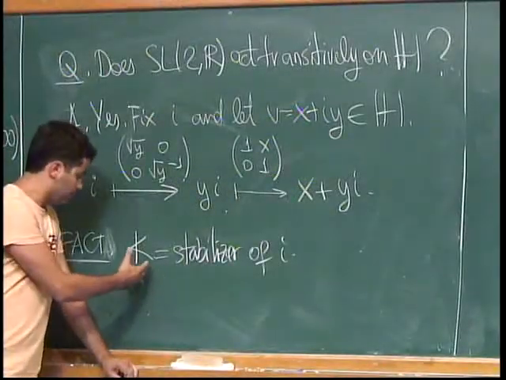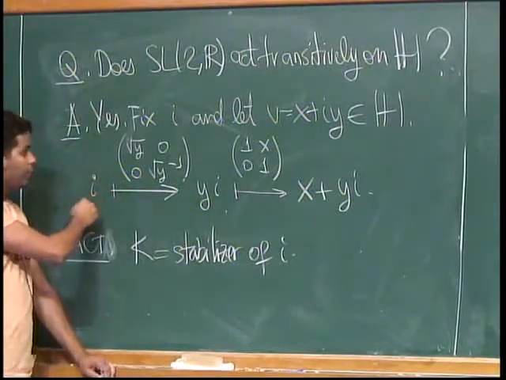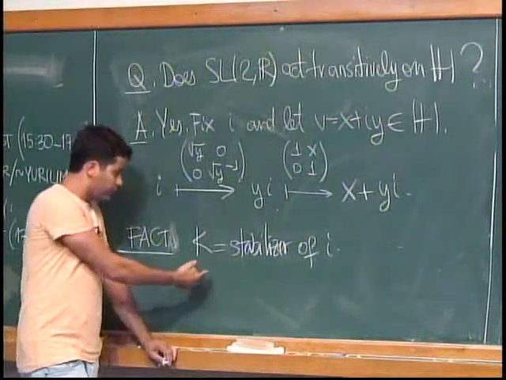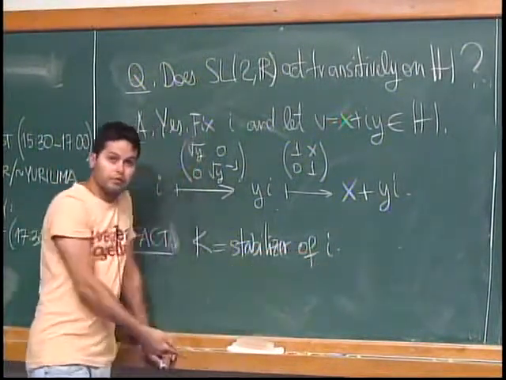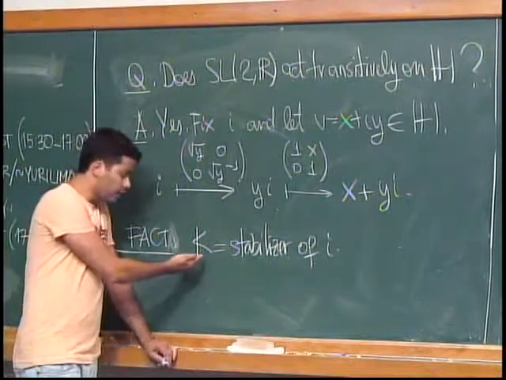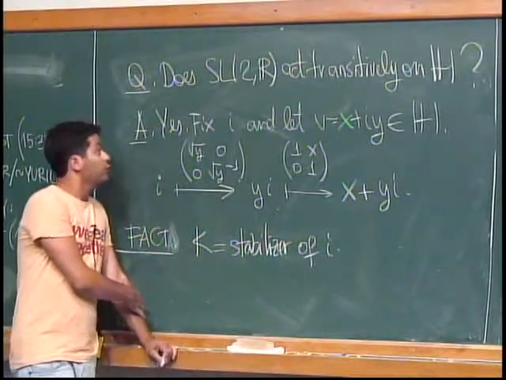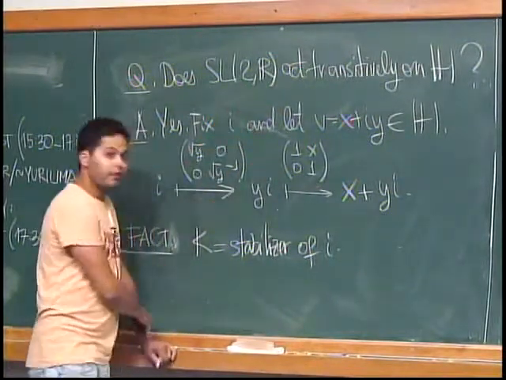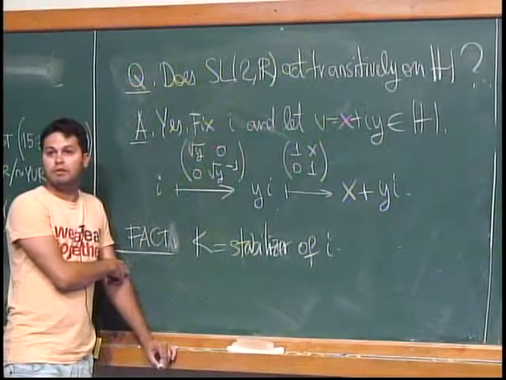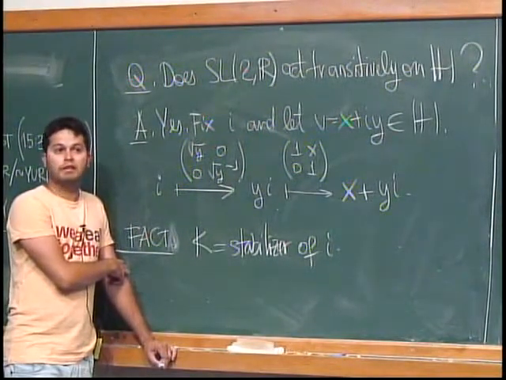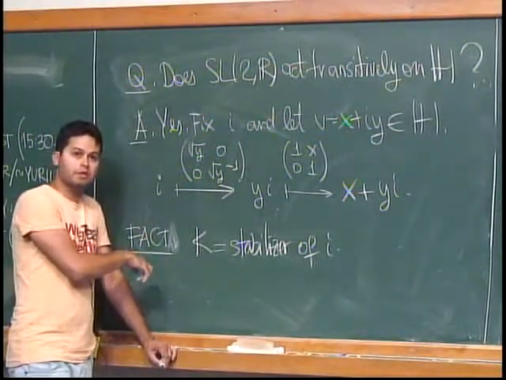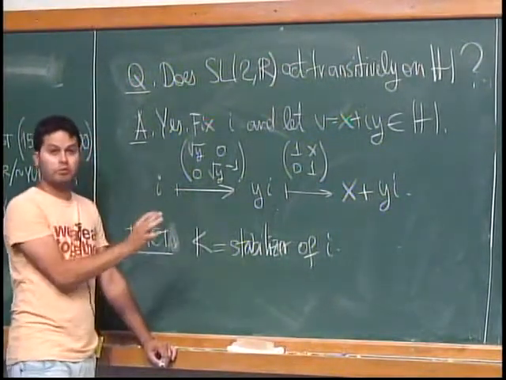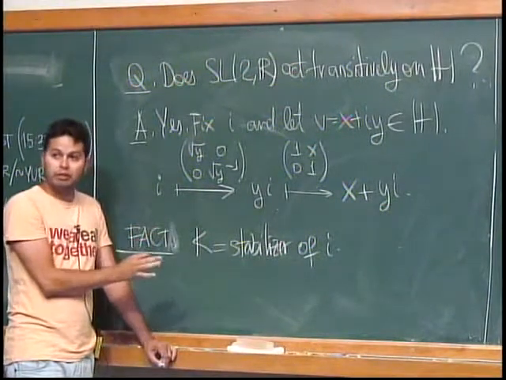So in principle, the transformation that sends one point to the other is not unique, right? If it was unique, then the unique transformation that would send I to itself would be the identity. But we have much more than that. So, in other words, the action of SL2R on H is far from being simply transitive. What I mean by simply transitive is that, given two points, there is only one transformation which sends one point to the other. It is transitive because such a transformation always exists, but we have plenty of them.